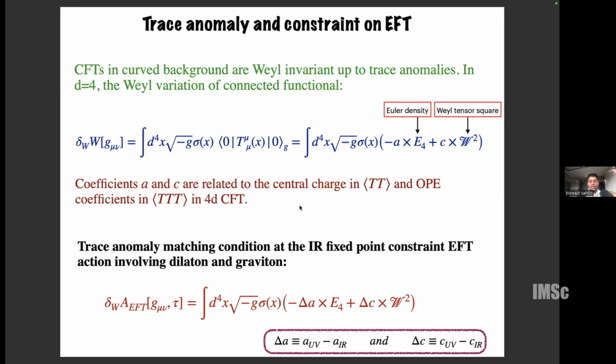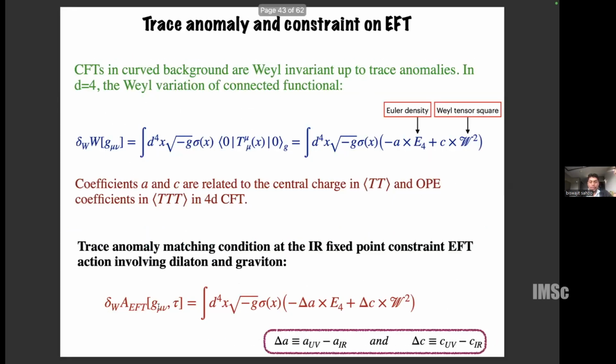The effective field theory will have to satisfy that its Weyl variation takes care of the difference of the UV CFT A anomaly and the IR CFT A anomaly, and the difference of the UV CFT C anomaly and the IR CFT C anomaly coefficients. Here I denoted delta A as A UV minus A IR, and C UV minus C IR is represented by delta C. And here tau, or sometimes I will call it phi, is the dilaton field, and g mu nu is the metric. So this is the constraint the effective field theory in the IR has to satisfy just from the trace anomaly matching in the RG flow picture.